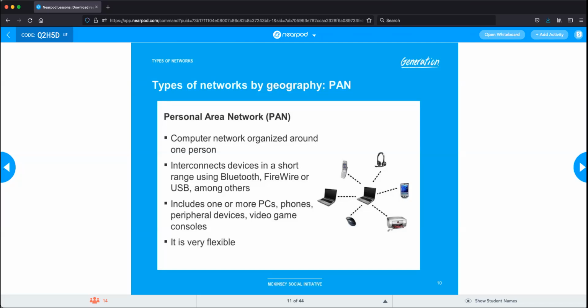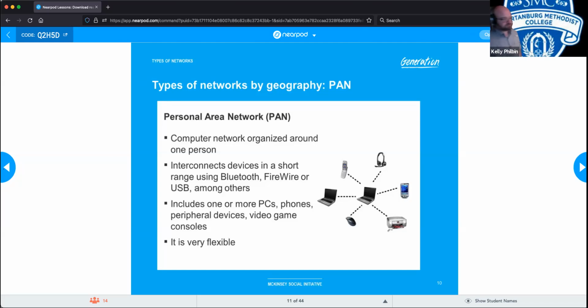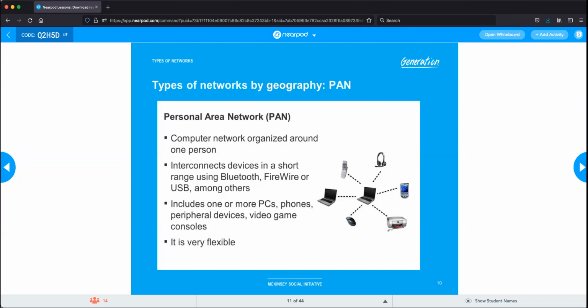When you think PAN, you're thinking Bluetooth. You're thinking how you are causing that connection, how you are the center, like the picture is showing. But when you think PAN, you need to be searching for Bluetooth because they're hand in hand. Yeah, I like that. Hand in hand with PAN. There you go.